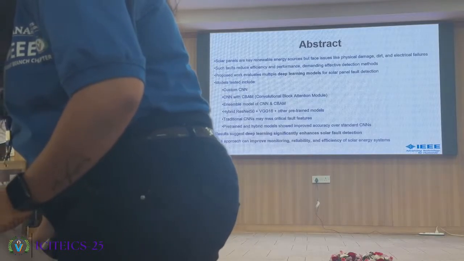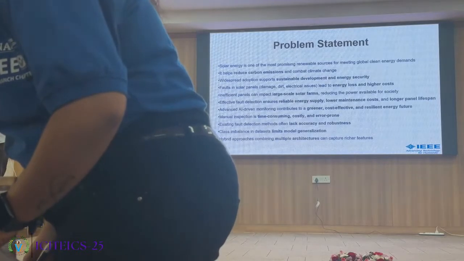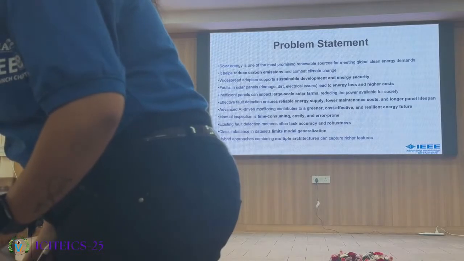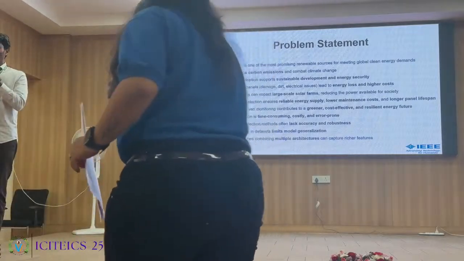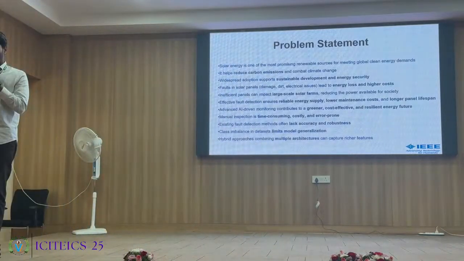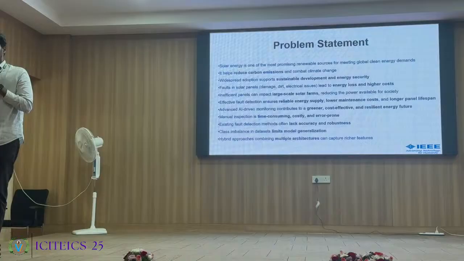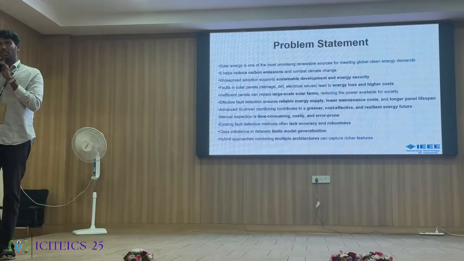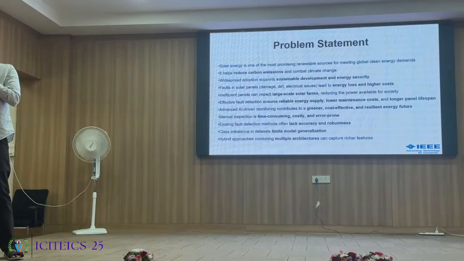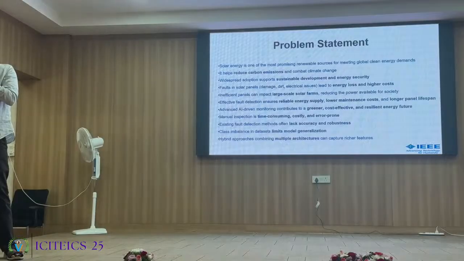The main problem statement of our paper is that there will be many defects in solar panels. They are open to the environment, and there will be many weather issues. Because of that, there will be many solar panel defects, like bird drops, electrical damages and physical damages.